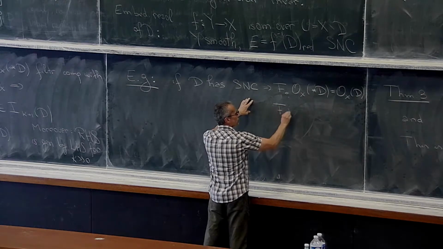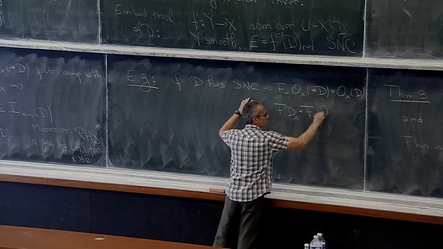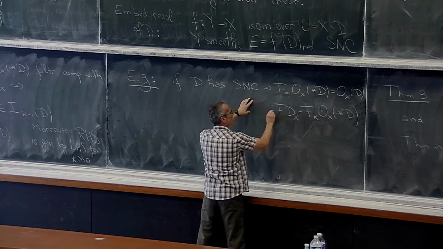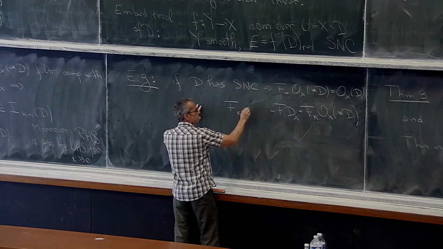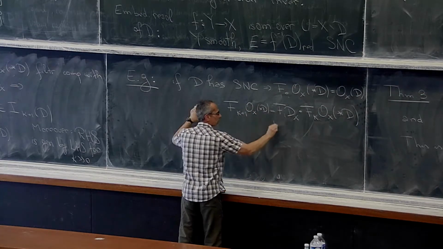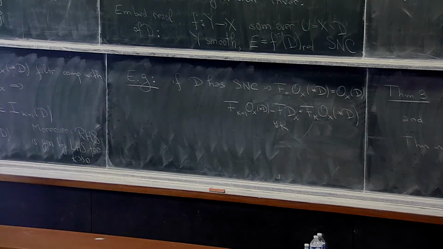F_1 D_X times F_k O_X(*D), I should have written the other side, is equal to F_{k+1} O_X(*D) for all k. So basically everything is determined by what happens at level 0 in this case.